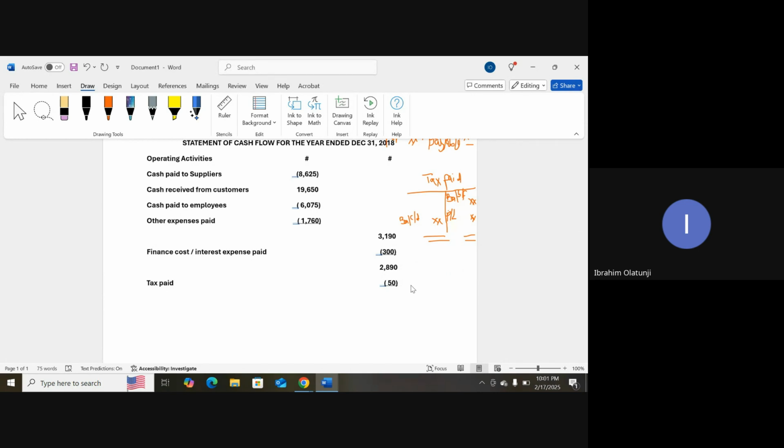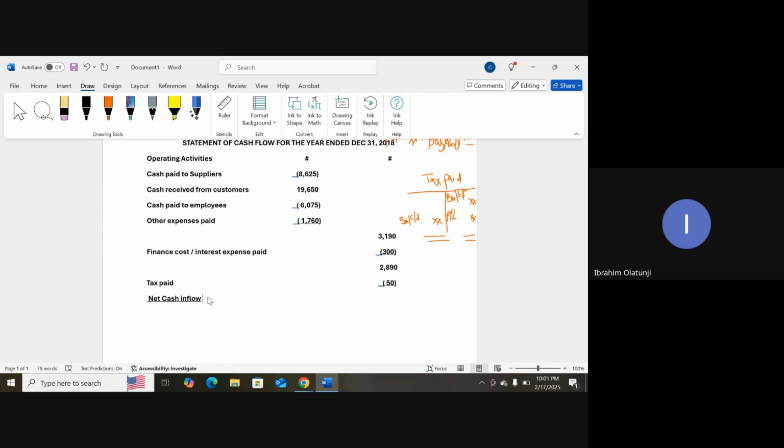So whatever you get, if it is positive, you say net cash inflow. Let's assume whatever I get, if it is positive, I will call it net cash inflow. But if it is negative, I will say net cash outflow. So what do you have? Is it positive? Okay.